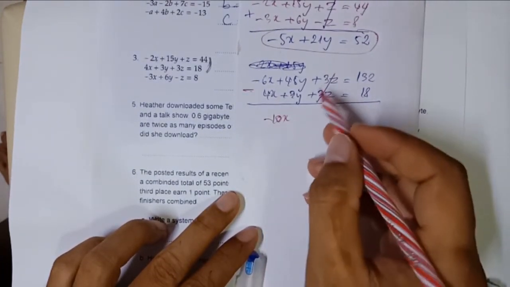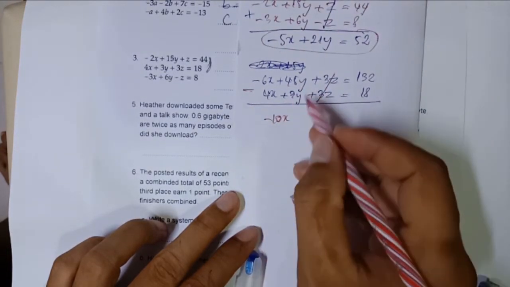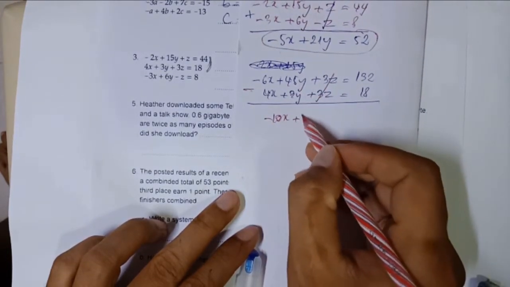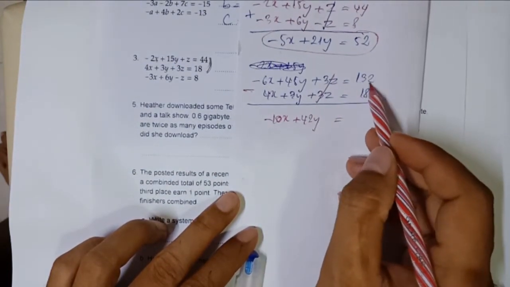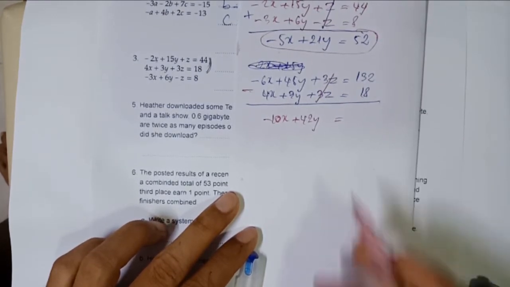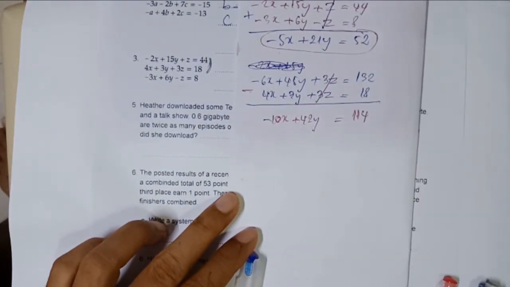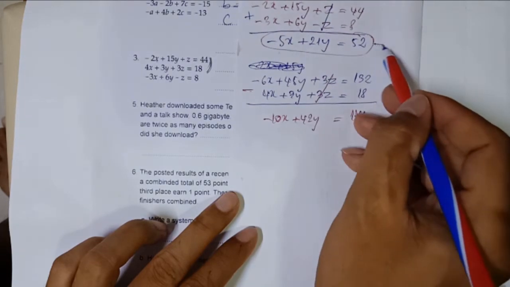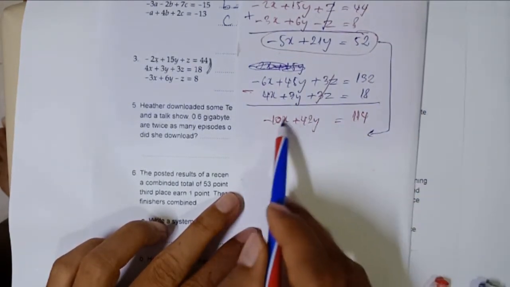And then 45 minus 3 becomes 42y, equal to 132 minus 18, that gives us 114. After that I'm going to bring this one down to this section so that we will work on this equation.